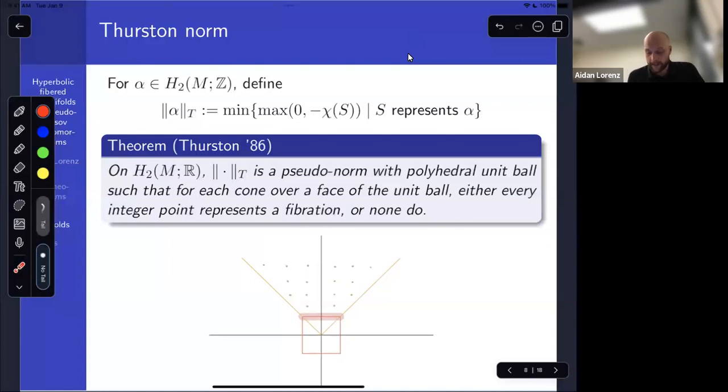So the point is that inside this fibered cone we see here, either every single one of these embedded surface representatives represents a fibration, or none of them do. So in this picture, if this is a fibered cone, in that every one of these represents a fibration, we're using one manifold to get our hands on infinitely many pseudo-Anosov monodromies.